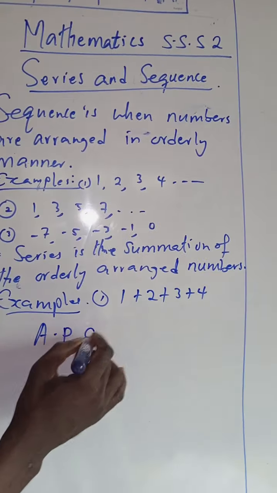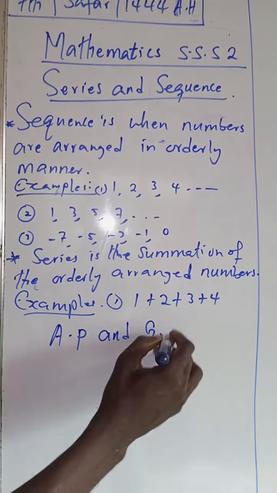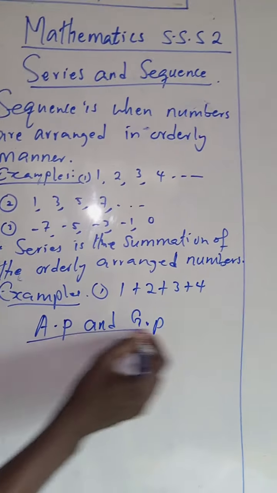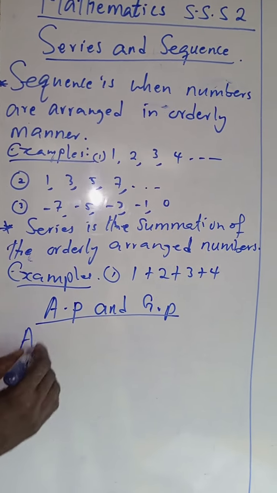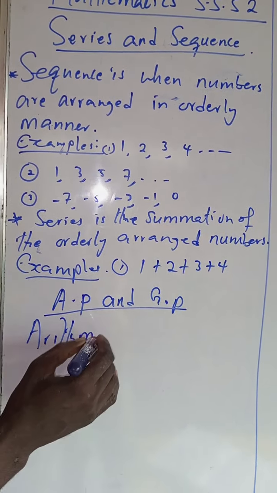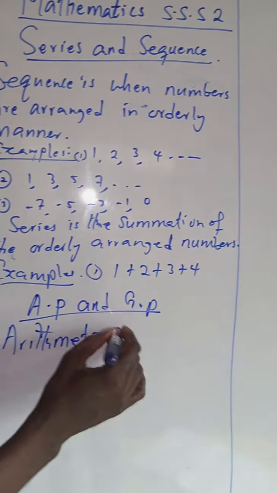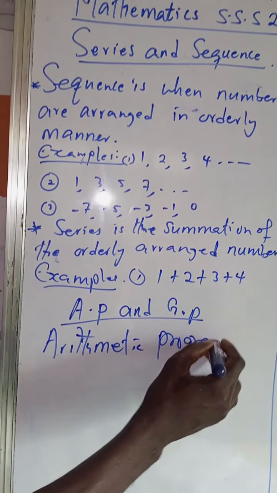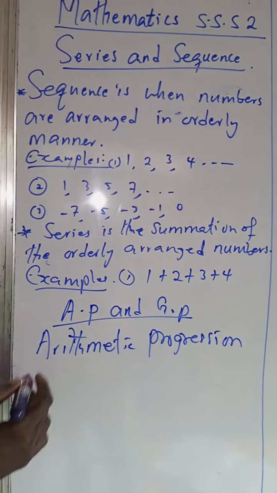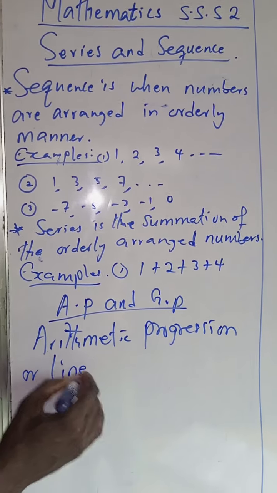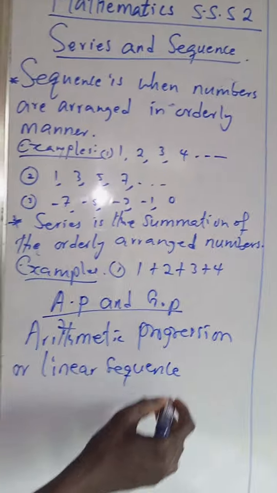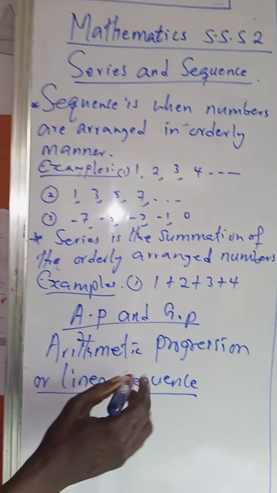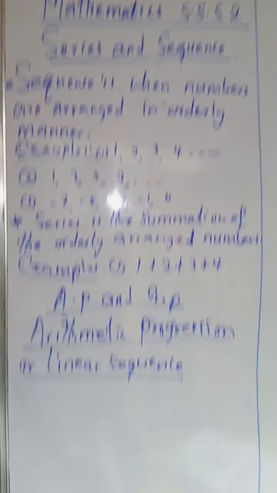Under this, we are actually going to deal with AP and GP. AP is known as arithmetic progression, or we call it linear sequence. Another name for it is linear sequence.